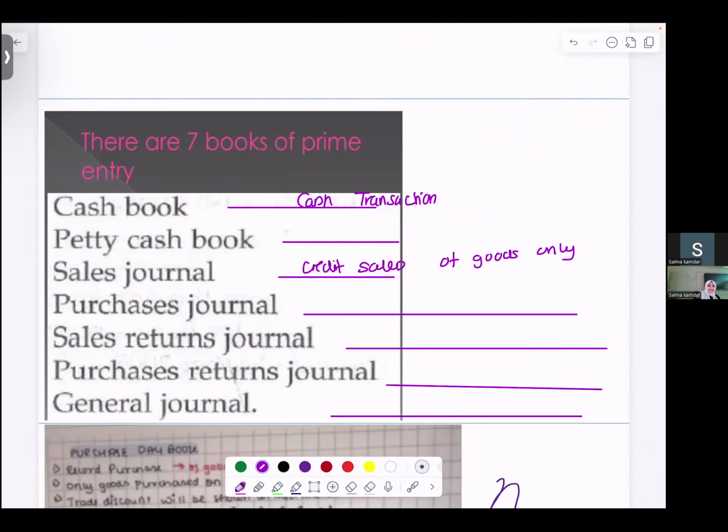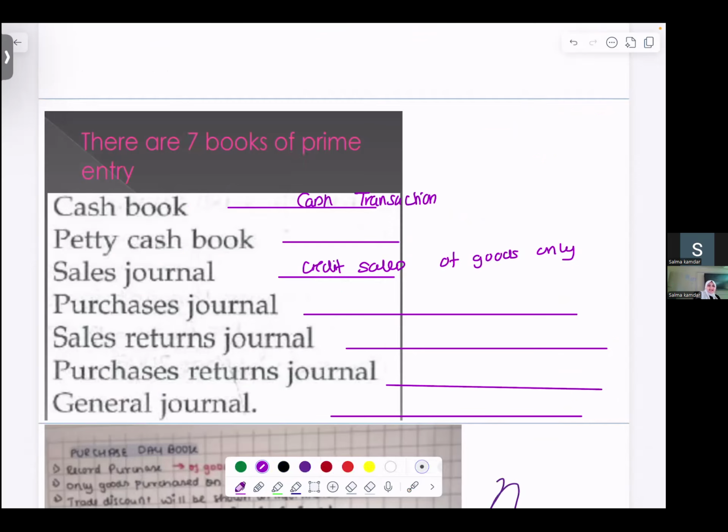If I have credit sales, in which books of prime entry would this go? Sales journal. If I have credit purchase returns, which book of prime entry? Purchase return journal. So I have been given the books of prime entry. They want the source document.